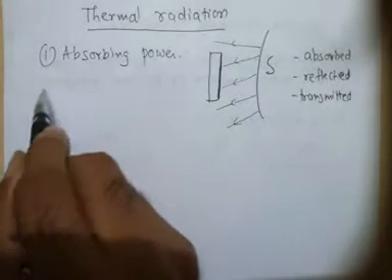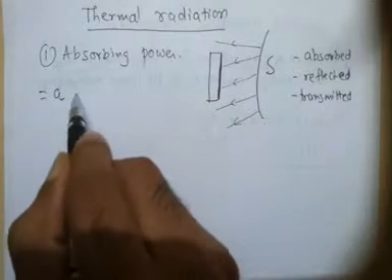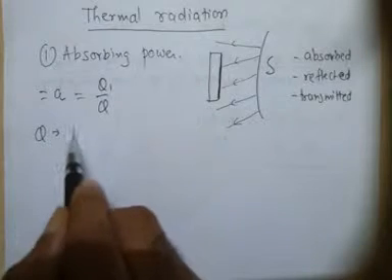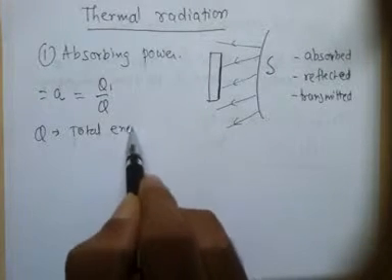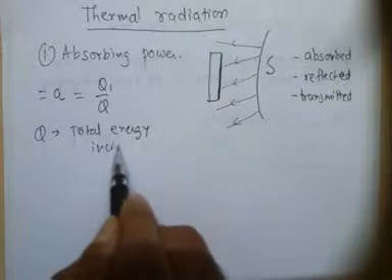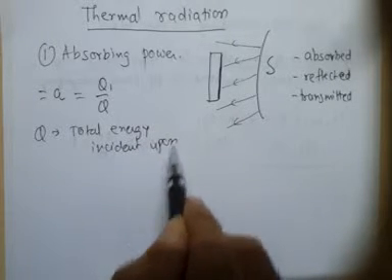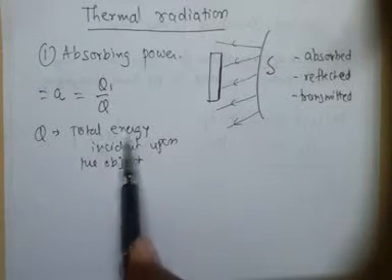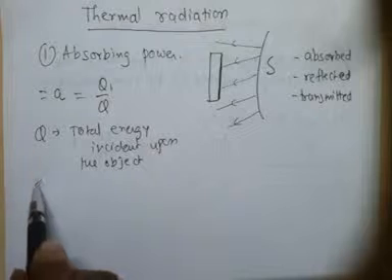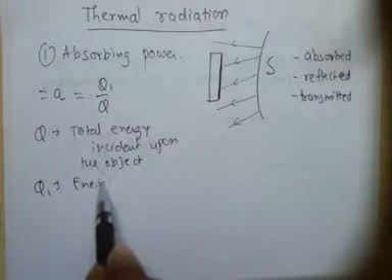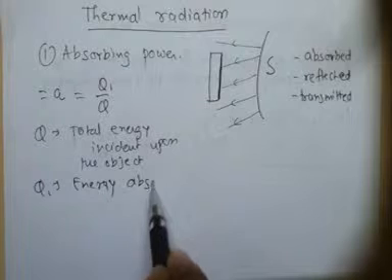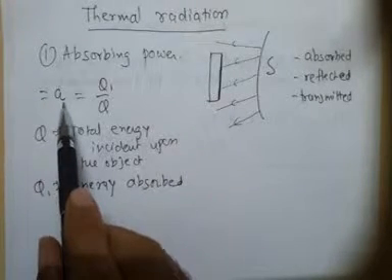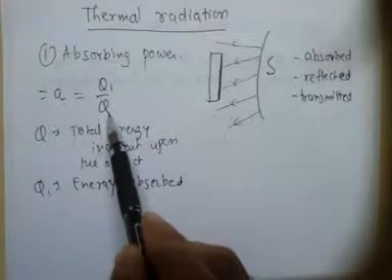Absorbing power is denoted by small a and is given by Q1 upon Q. Here Q is the total radiant energy incident upon the object, and Q1 is the energy absorbed. So absorbing power is a ratio of energy absorbed to total energy incident.